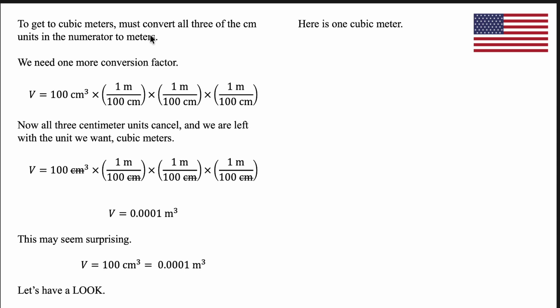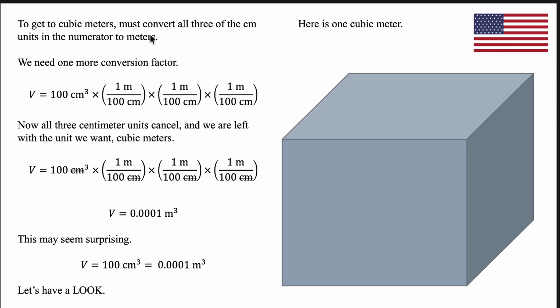So here's 1 cubic meter. A meter by a meter by a meter. And I'm going to put in 100 cc's, and I'm going to put it right along this right edge, right here. It's going to be hard to see. There it is. It's 1 centimeter by 1 centimeter by 100 centimeters long. That's 100 cc's, and that's 1/10,000th of a cubic meter.